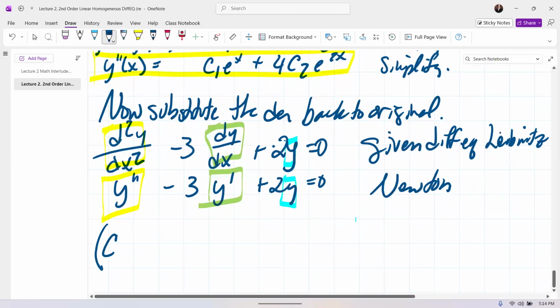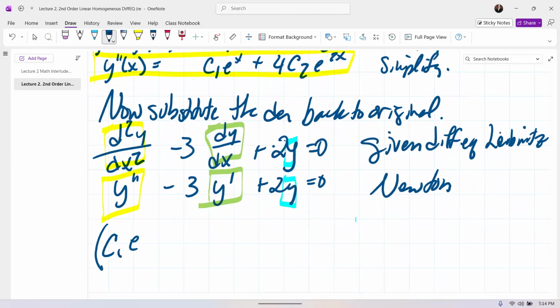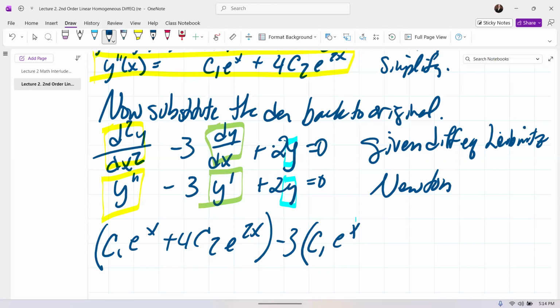So C1 e to the x plus 4C2e to the 2x minus 3 times C1 e to the x. I'm just copying from above, which you can't see on the screen right now, but I have it in my notebook.